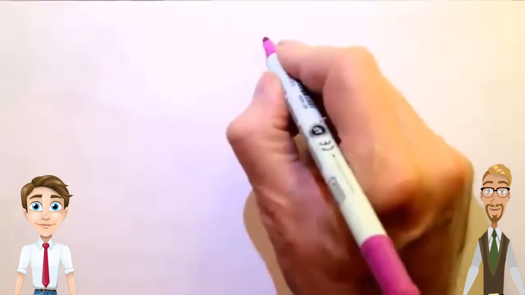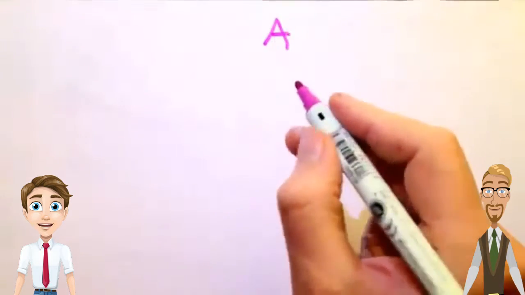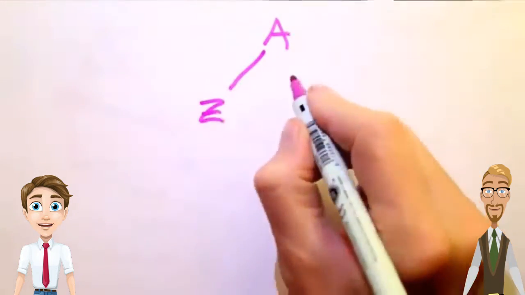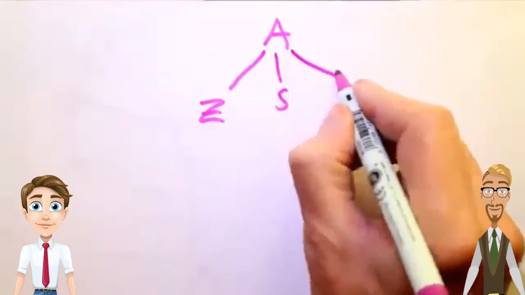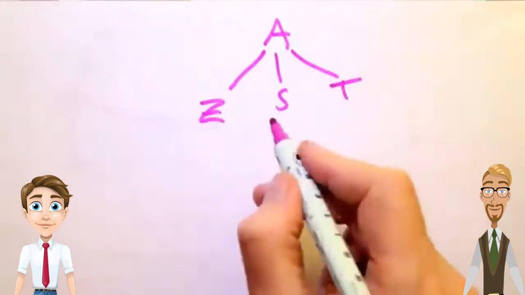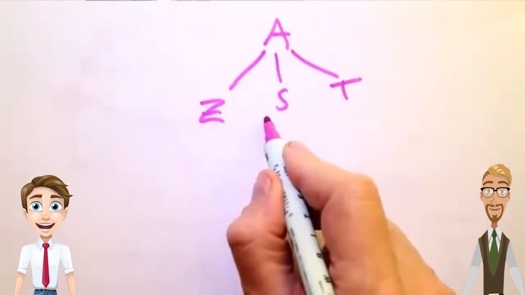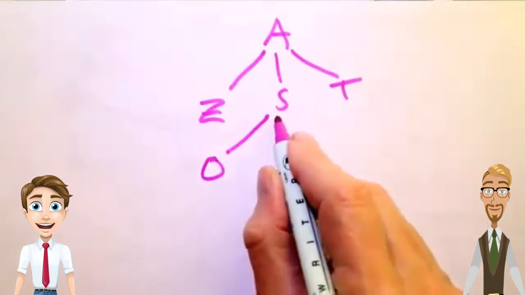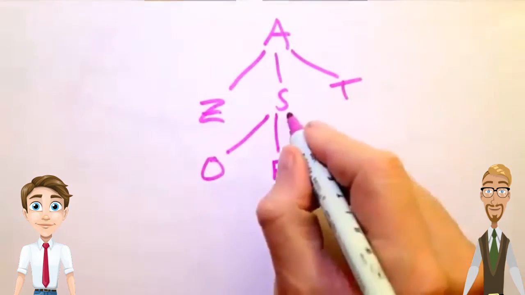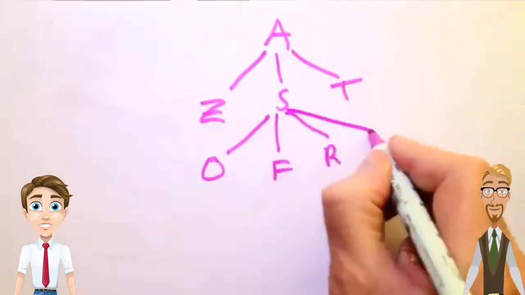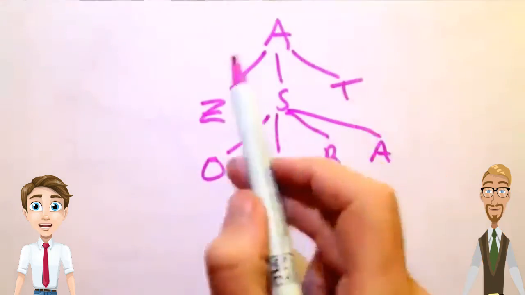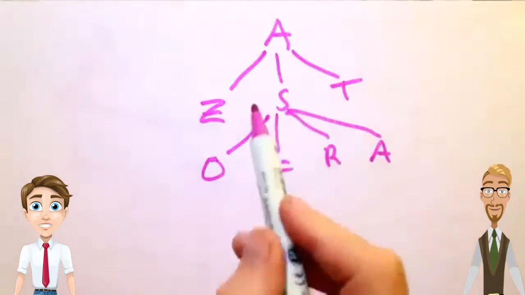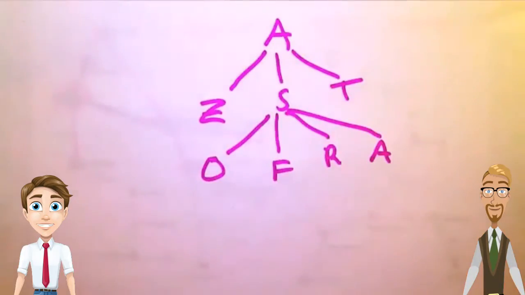We start off in state A, and in state A there were 3 actions, so it gave us paths going to Z, S, and T, and from S there were 4 actions, so that gave us paths going to O, F, R, and A, and then the tree would continue on from here. We take one of the next items and remove it and continue on.